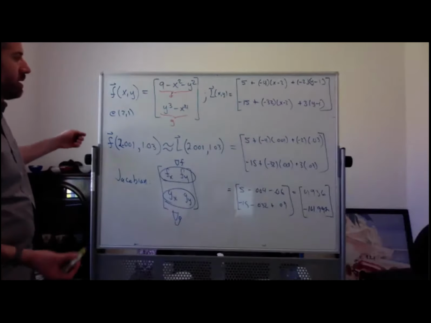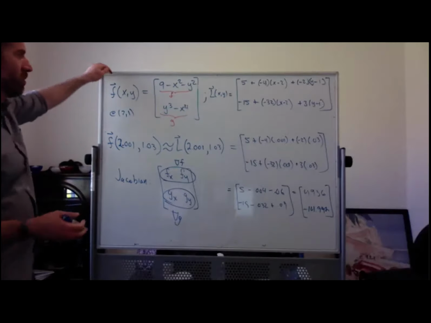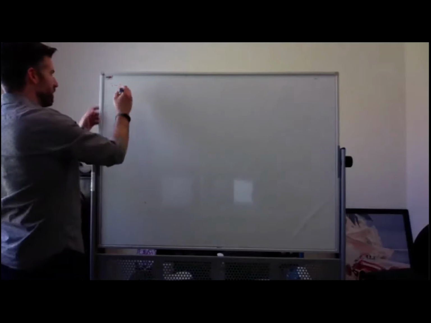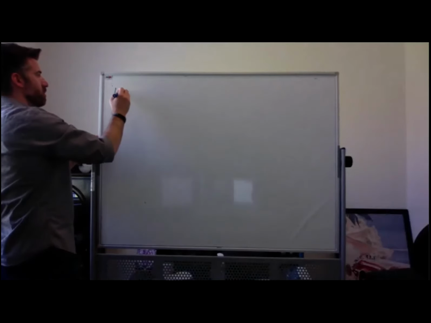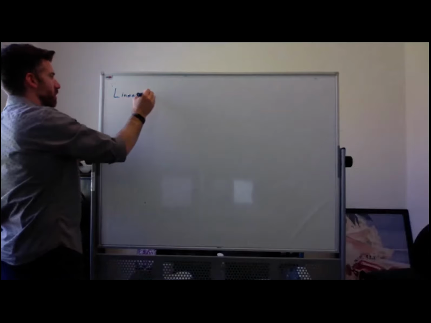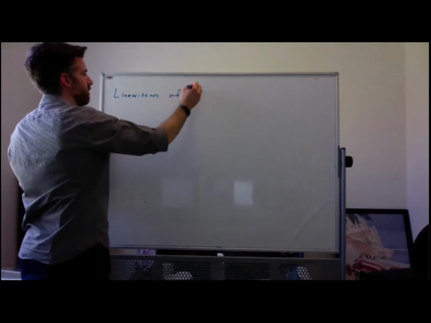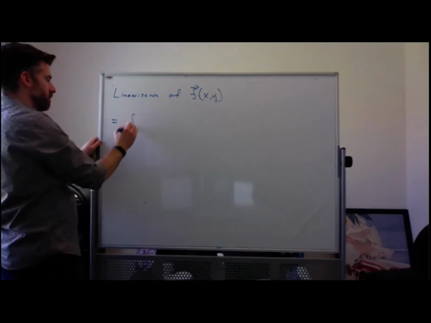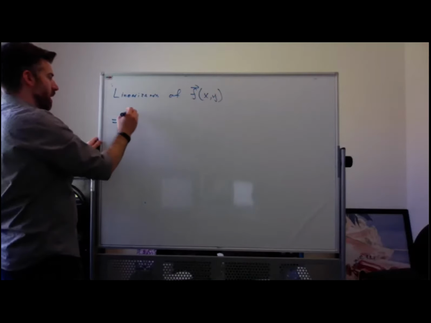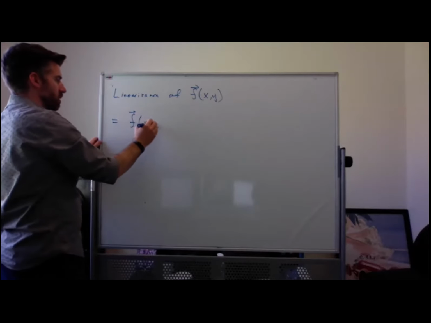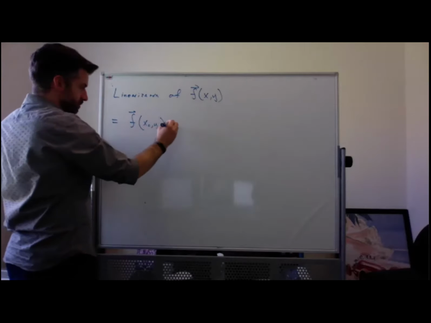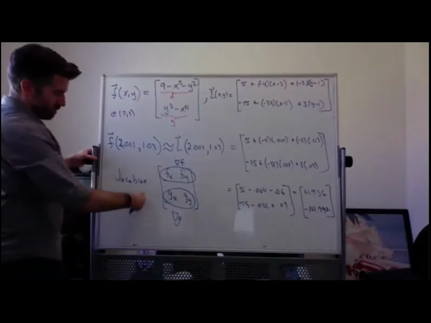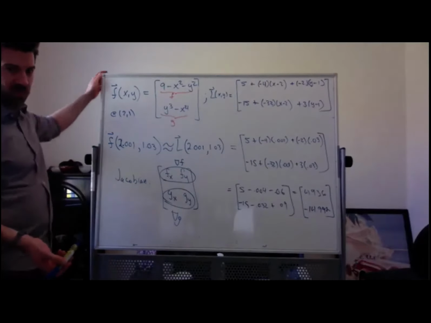So sometimes people think of the linearization, if you're doing a linearization of some vector valued function f of x, y, it looks like f evaluated at x naught, y naught, and then this matrix here, the Jacobian, is really just the matrix of gradients.